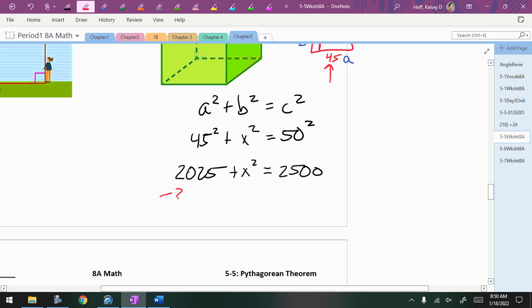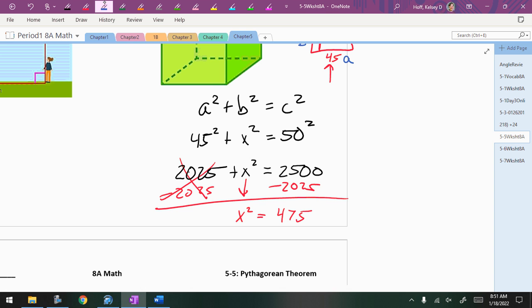Subtract 2025 to the other side. These cancel out. I bring down X squared equals, Leanna, did you already subtract it? 475. Right, I think you were right the first time, 475. Okay. Then I need to square root.